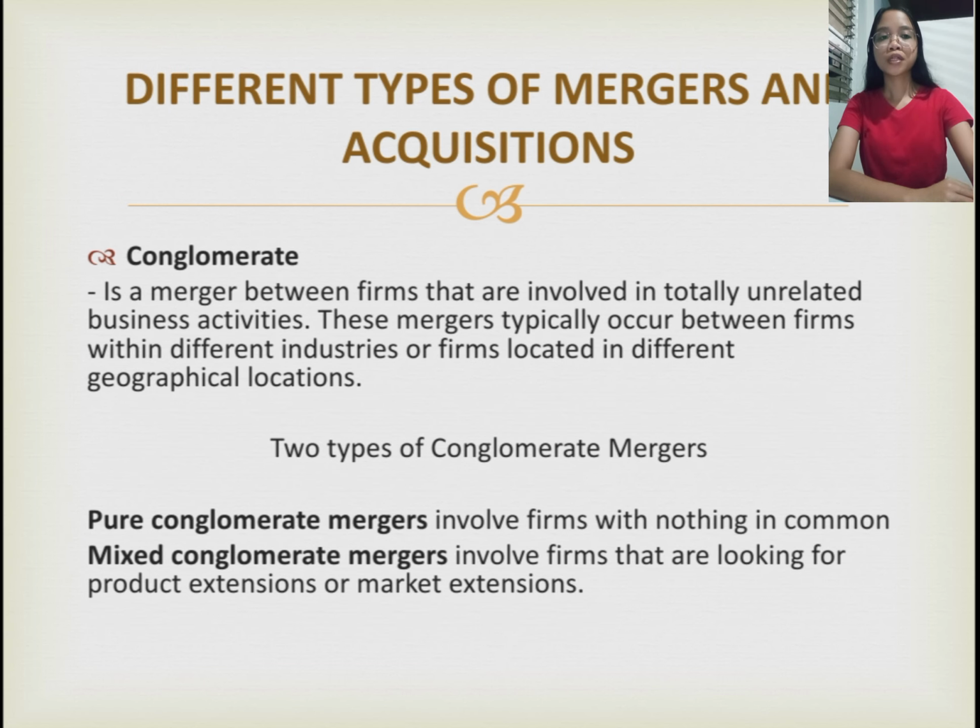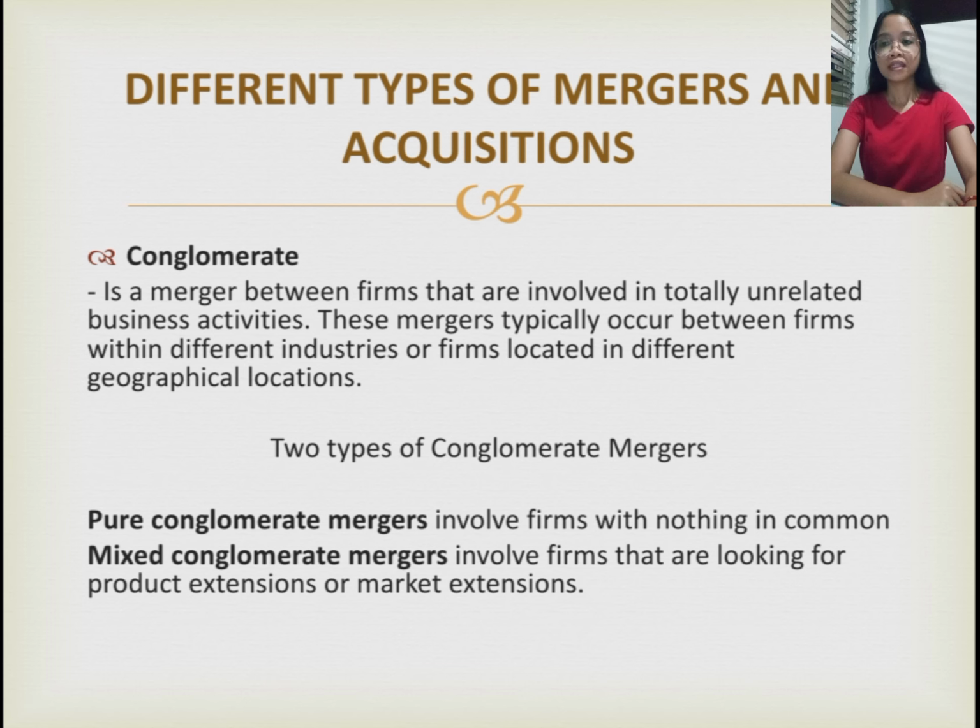Conglomerate is a merger between firms that are involved in totally unrelated business activities. So this merger typically occurs between firms within different industries or firms located in different geographical locations. For example, the merger between Walt Disney Company and the American Broadcasting Company or ABC.